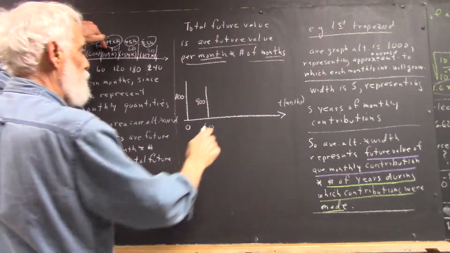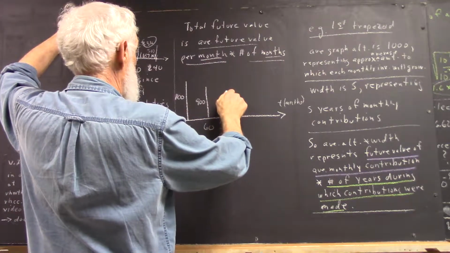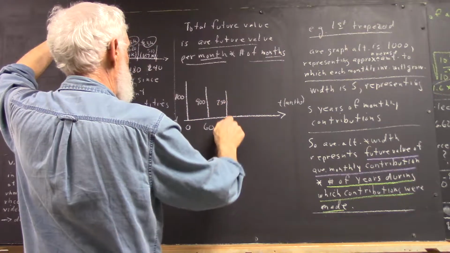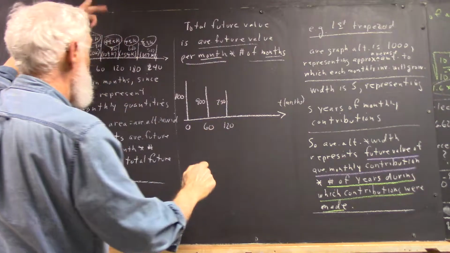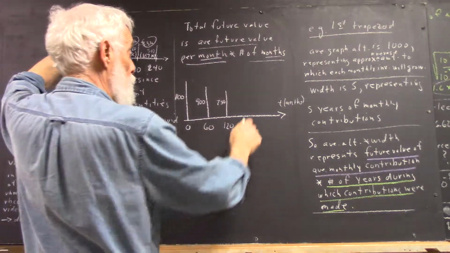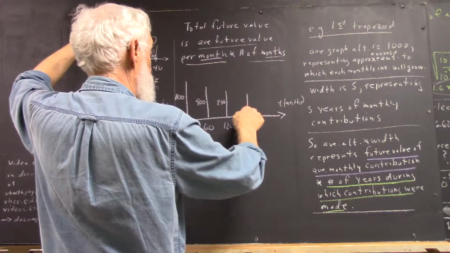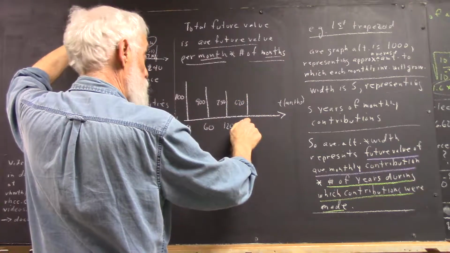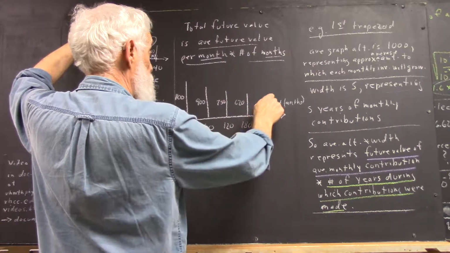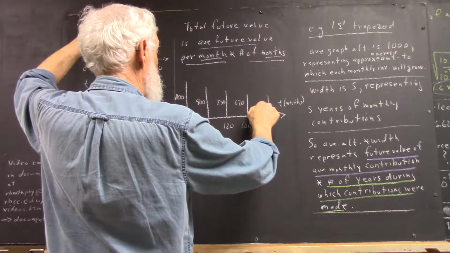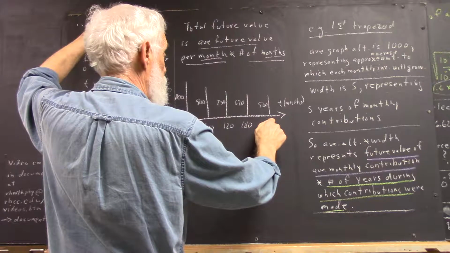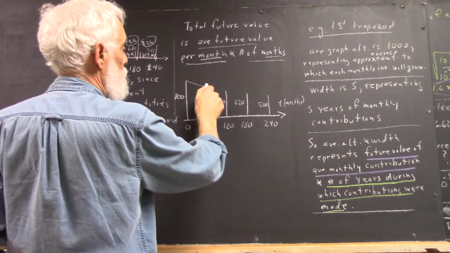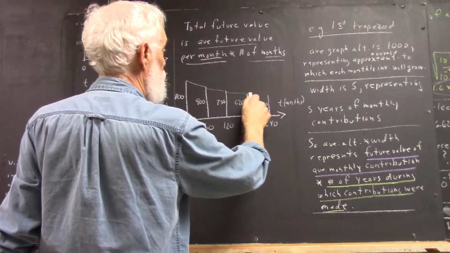And then we go down to 750 per month at 120 months, of course that would be 10 years, 620 per month at 15 years, which is 180 months, and about 500 per month at 240 months. Okay, so our trapezoidal graph might look like this.